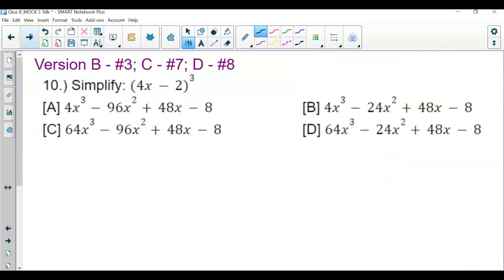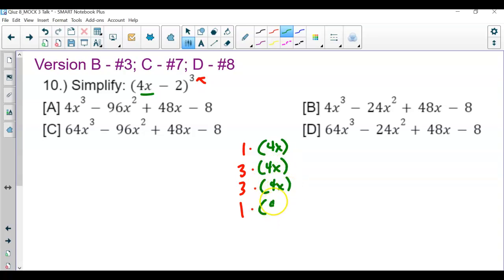Last one, question number 10. So this was our binomial expansion, where here you had an exponent of 3, so you're going to use 1, 3, 3, and 1. Then the first term is 4x. So don't just put 4x, keep it all together in parentheses, and the exponent 3, then count down to 1, 0.